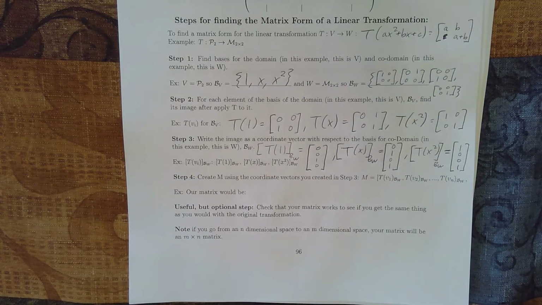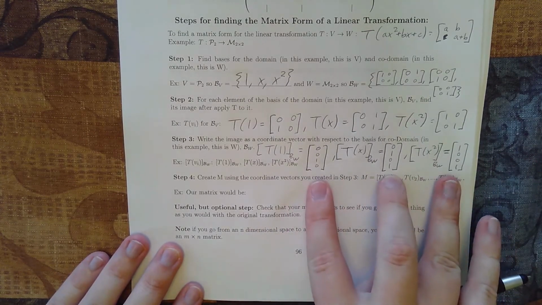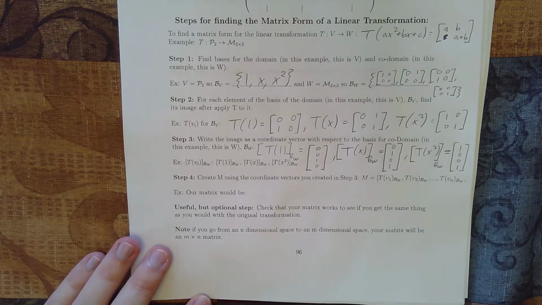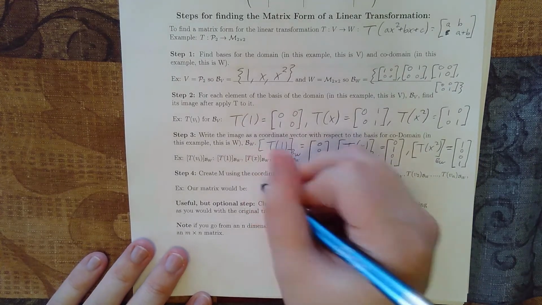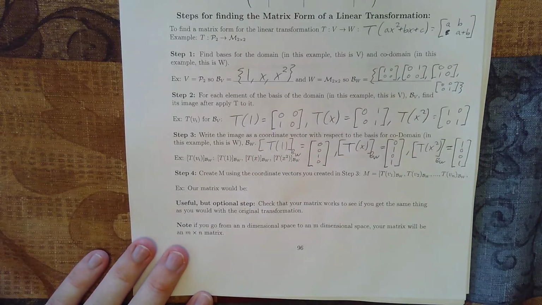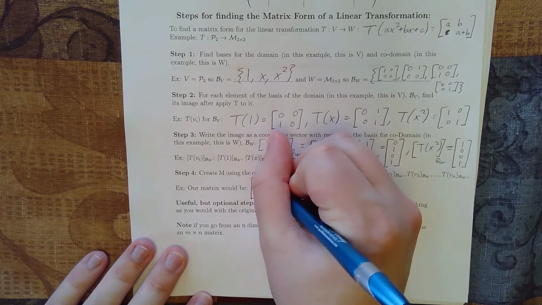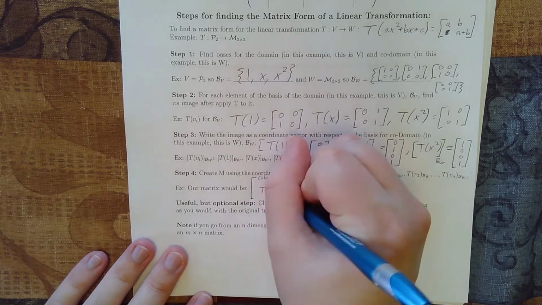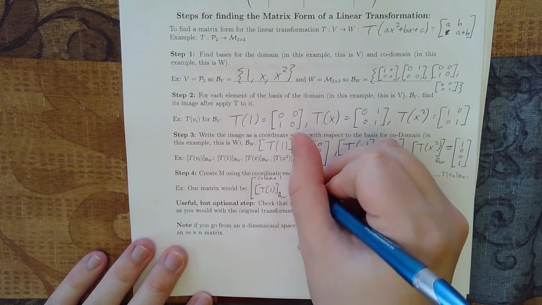And what we'll do is create our matrix by taking each of these vectors, in the order we found them, as the columns of our matrix. The first column, column 1, will be whatever T of 1 written with respect to the basis for W was.